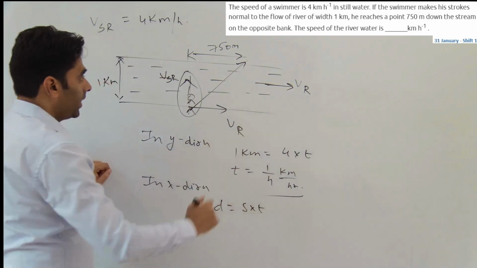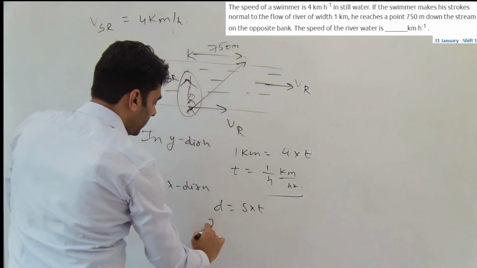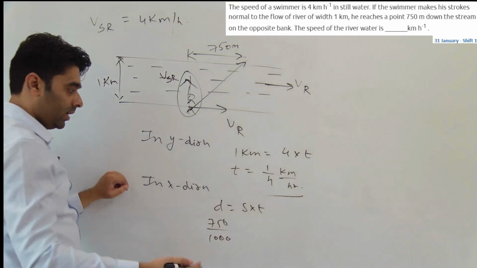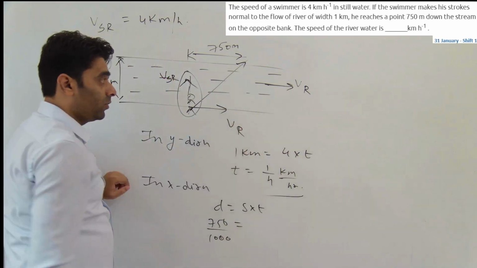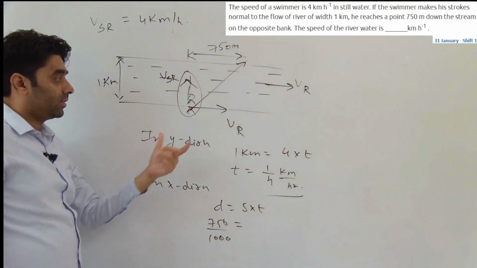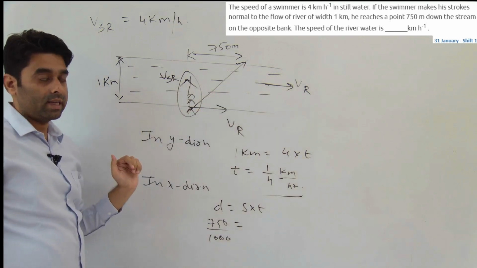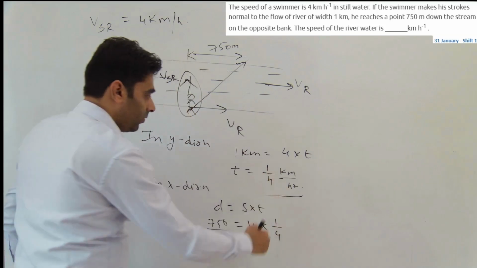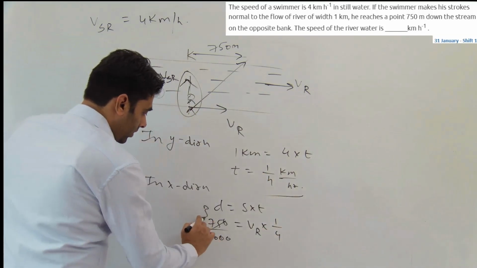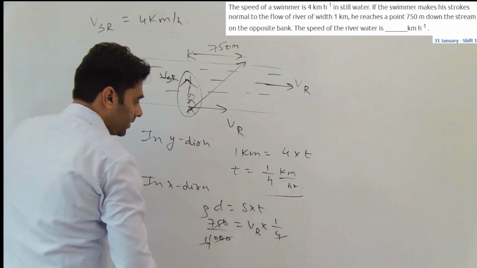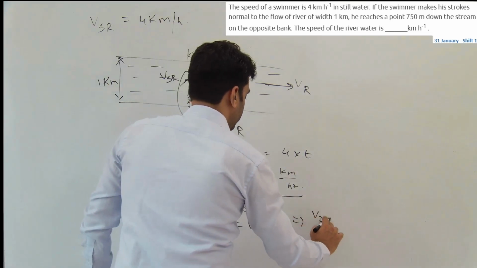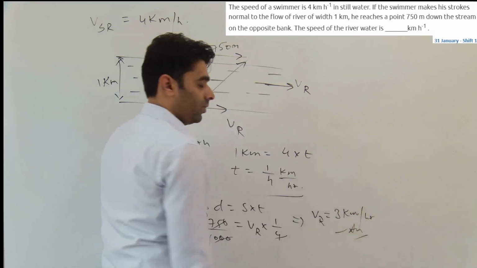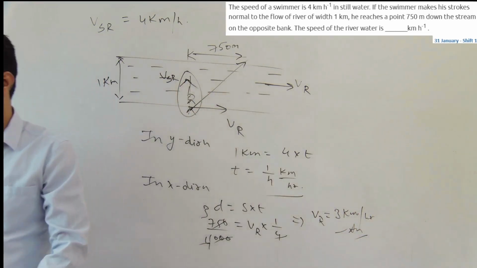In x direction, the distance traveled is 750 meter, so 750 by 1000 is equal to speed, with what speed? Which speed is taking it in the x direction? That is the river speed. So VR into time. Time is your 1 by 4, which we calculated in the last step. So this is your 3 by 4, and 4 and 4 cancel. So velocity of river comes out 3 km per hour. Okay, let's look at the next question.